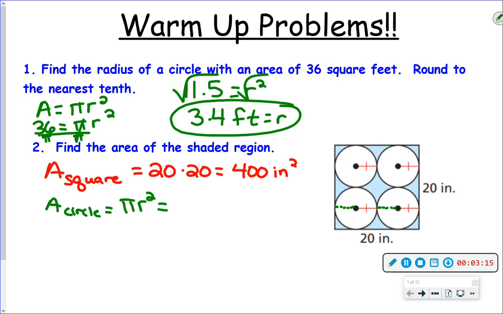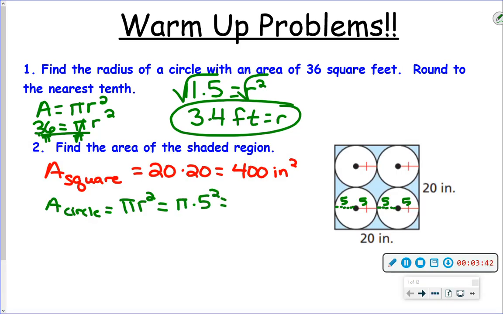So really going across left to right, there are 1, 2, 3, 4 radii. And they're all congruent. So total across is 20. I'm going to evenly divide it by 4. 20 divided by 4 makes the radius 5. 5 plus 5 plus 5 plus 5, 20. So I'm going to use, for my radius, 5.